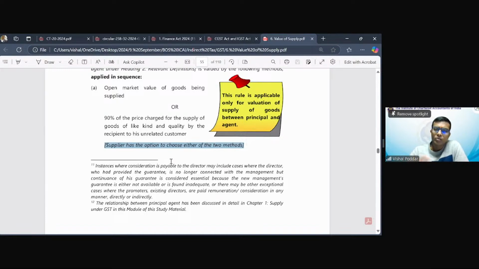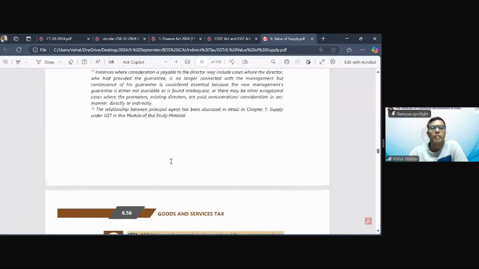So here it is not whichever is higher, here it is not whichever is first, here it is option. So as a supplier, I may take the price at which I am selling to others, which is open market value, or I can find out from my agent at what price the agent is selling further. I can take 90% of that as my value.